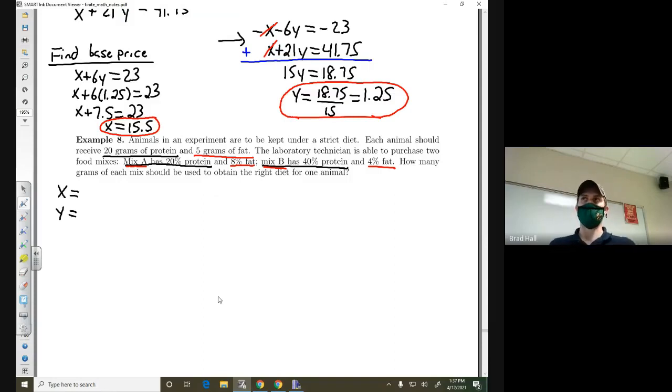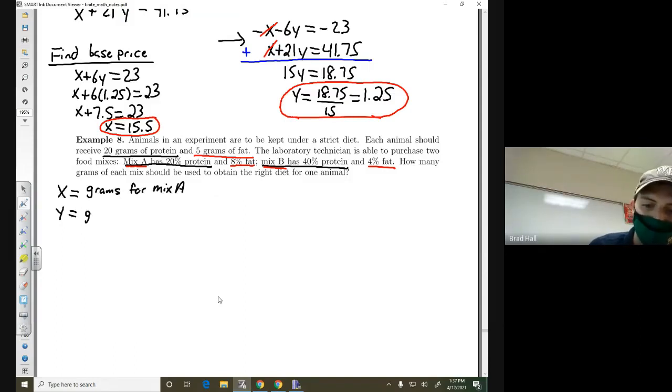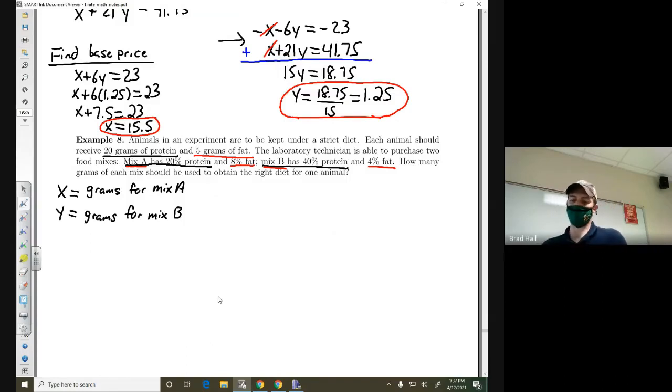So it's not necessarily the protein. It's going to be the grams for mix A and grams for mix B. So that's really what the variables represent here. And so each individual variable will help us determine exactly how many grams we need for each.